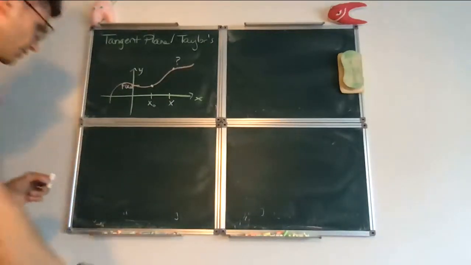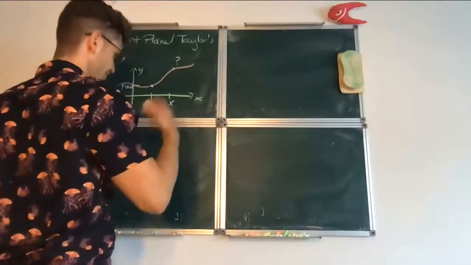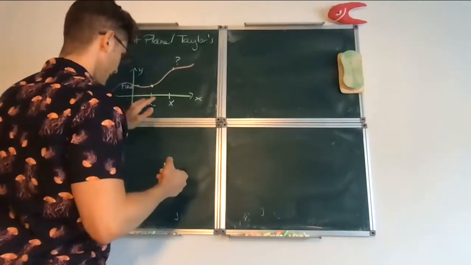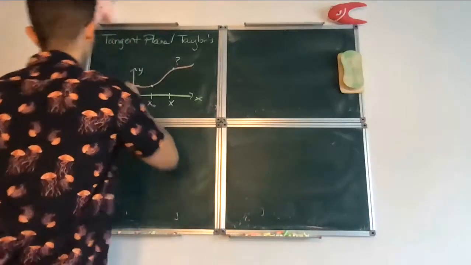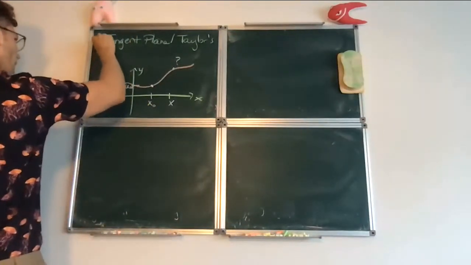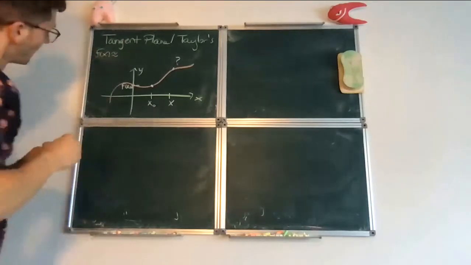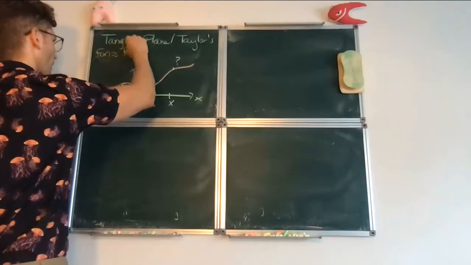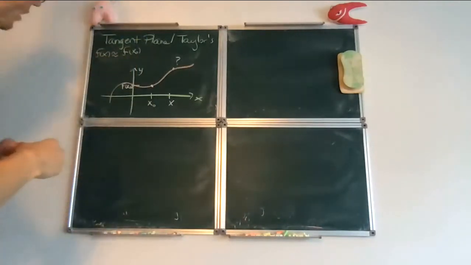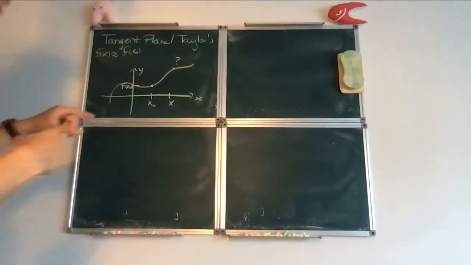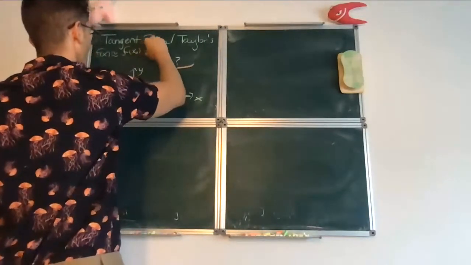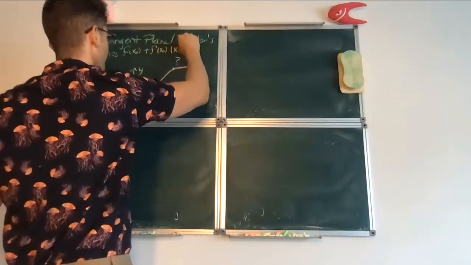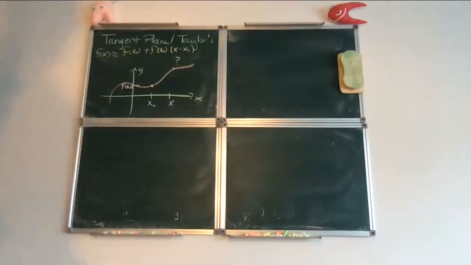So what Taylor's theorem says is that to some reasonable approximation, which can be made quantitative, f of x can be approximated by the value of the function at that point, f of x naught, plus the derivative of the function at that point, f prime evaluated at x naught, times x minus x naught. Okay?